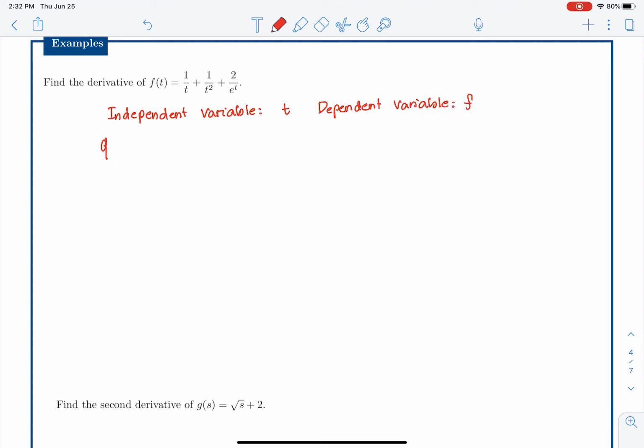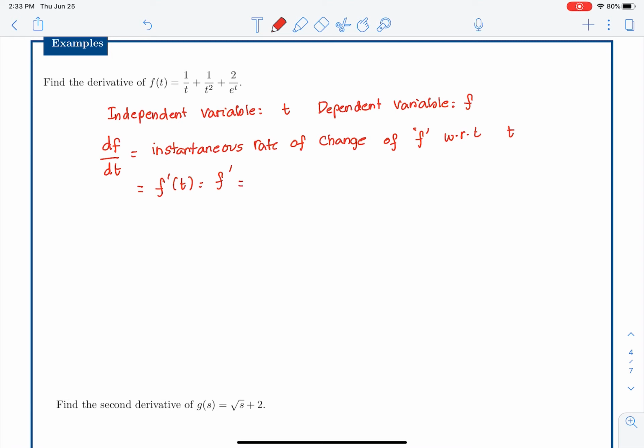We are trying to find df over dt, the rate of change of f with respect to t. Specifically speaking, instantaneous rate of change of f with respect to t. And that is the same as f prime of t, or simply f prime.